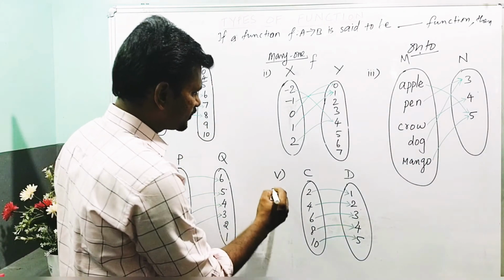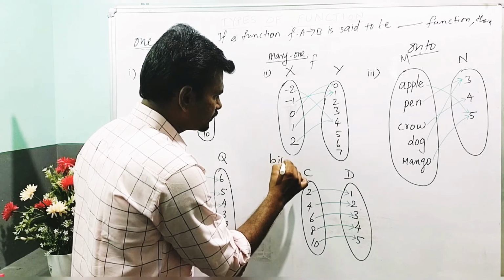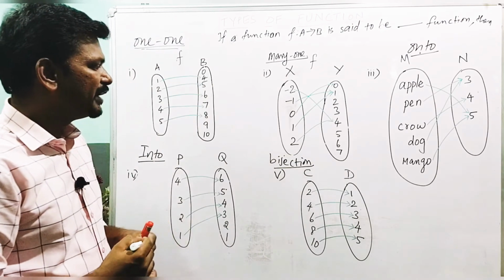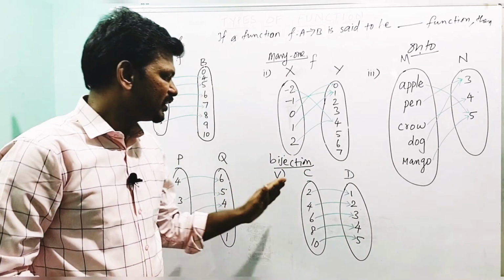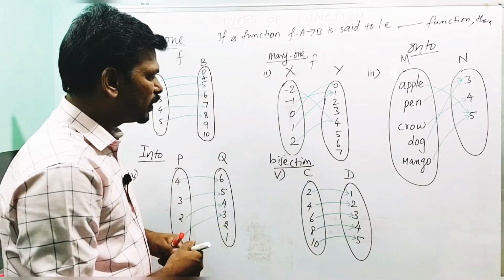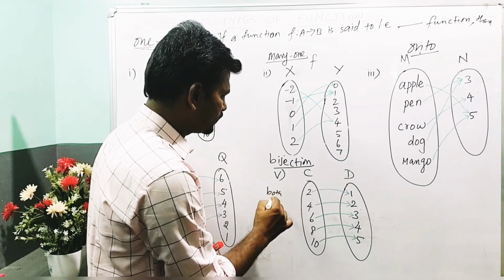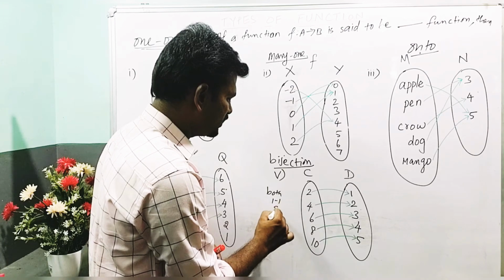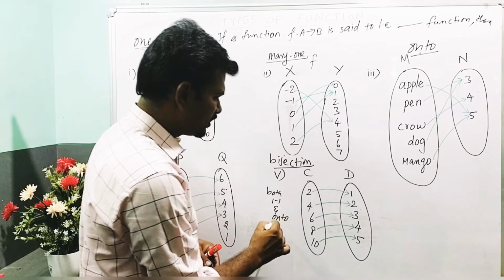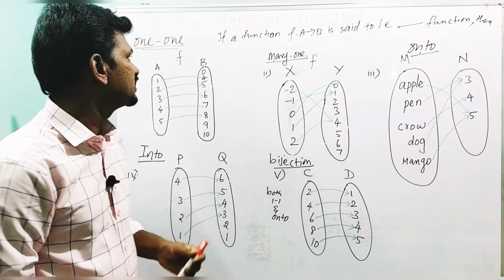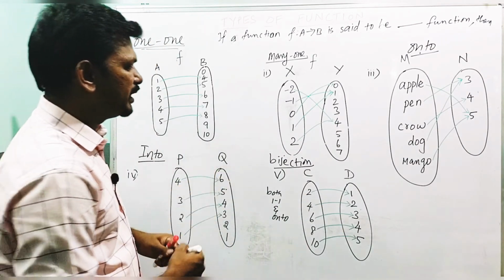Then the fifth type is bijection. Bijection means both one-one and onto. If a function is one-one and also onto, that is a bijection.